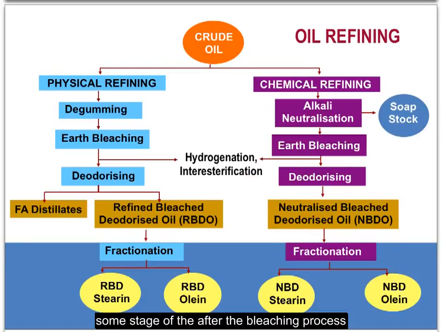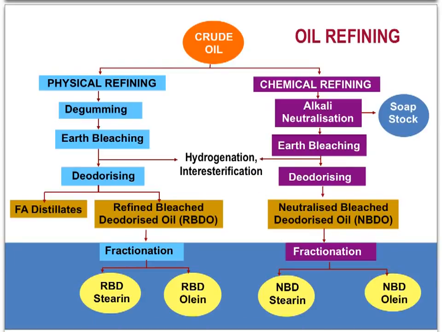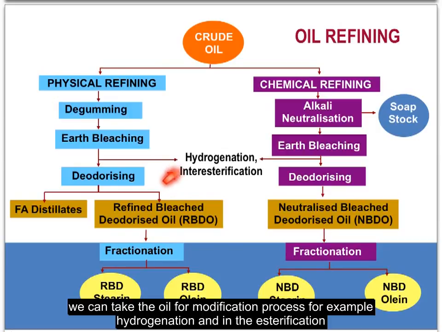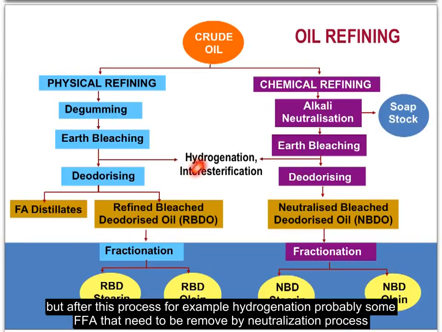At some stage after the bleaching process, we can take the oil for modification processes, for example hydrogenation and interesterification. But after this process, for example after hydrogenation, there is probably some free fatty acid that needs to be removed by the deodorization process.